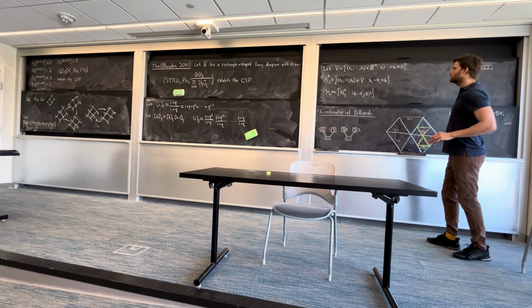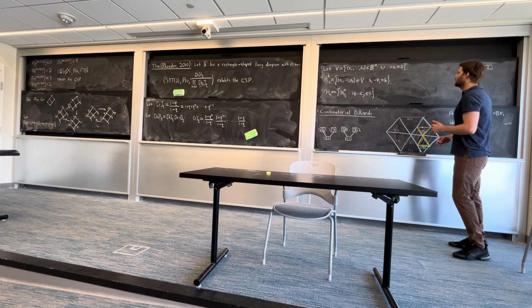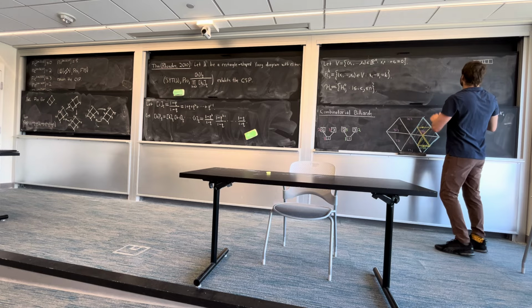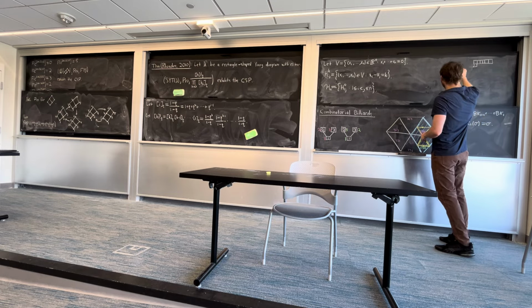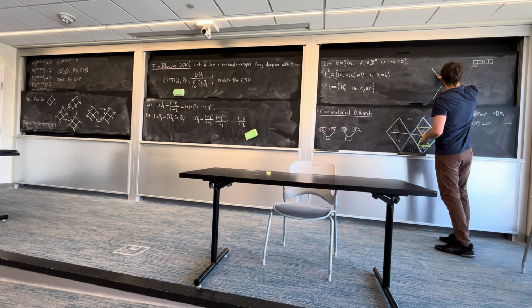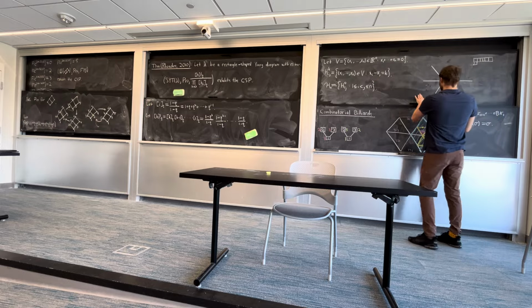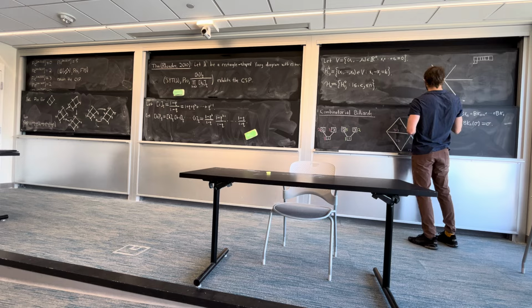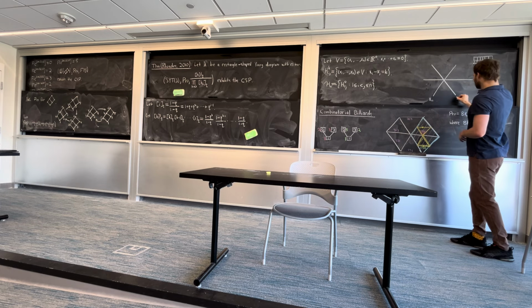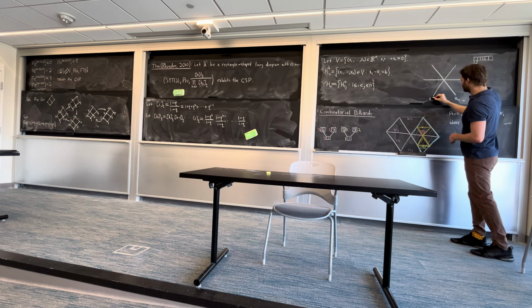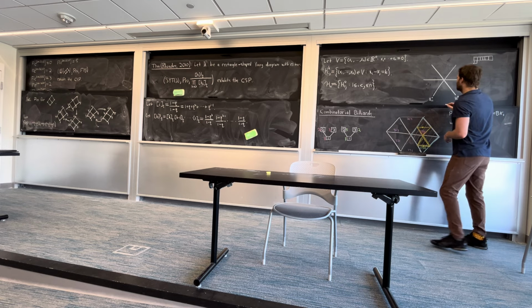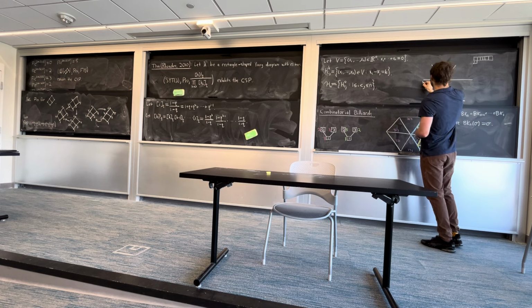And the picture, again, I can only draw two-dimensional pictures, but for n equals 3, this looks like this. So it's like H 1, 2, with a 0 superscript, and this is like H 2, 3, 0.